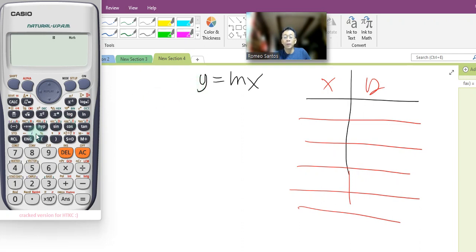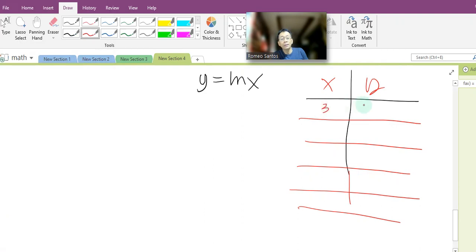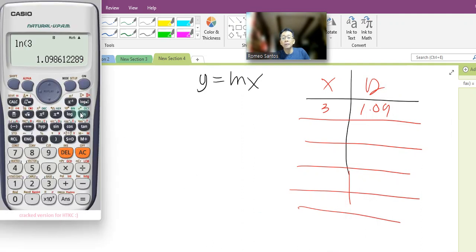For example, let's say we start at x equals 3. ln of 3 is 1.09, actually about 1.1.